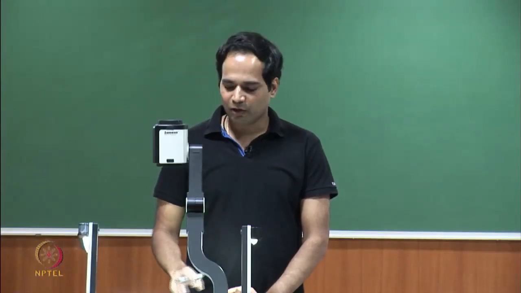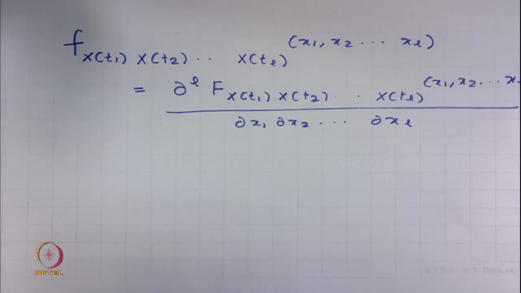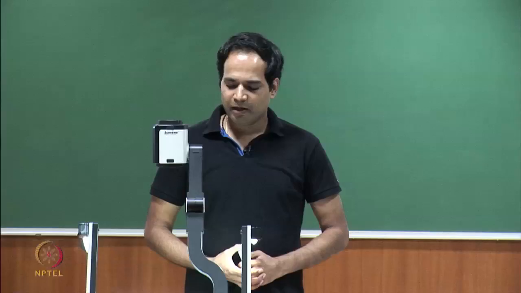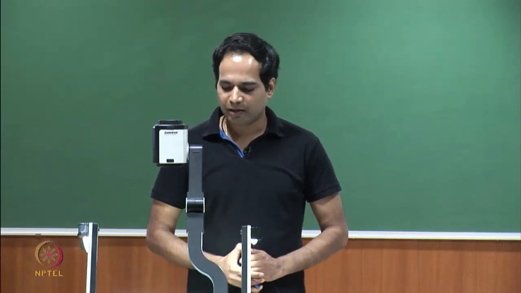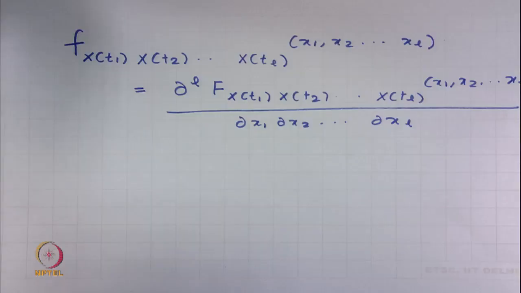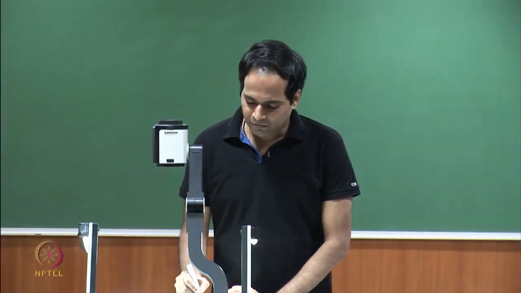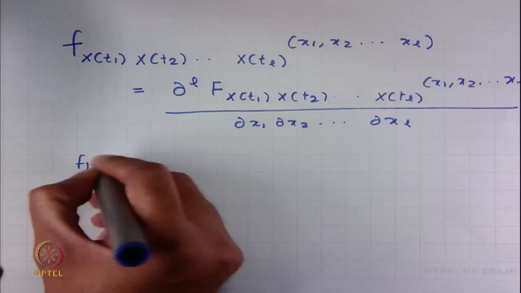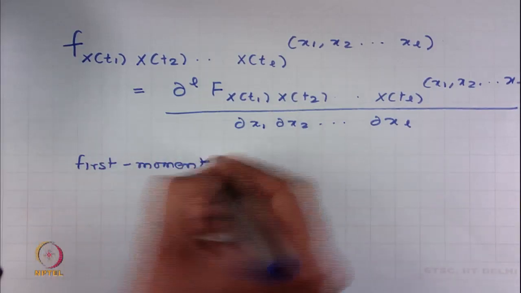Now, this expression is also as scary as the last one. It is not a simplified expression or whatsoever. It is still very impractical to use such an expression to characterize a random process. The good news, though, is that most of the random processes that we deal with in this course, or that are of interest to us, can be completely characterized by the first moment and second moment of the random process.